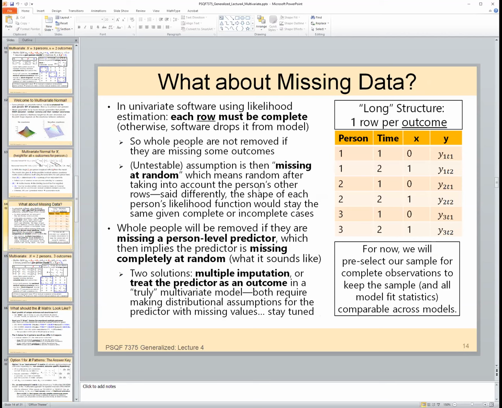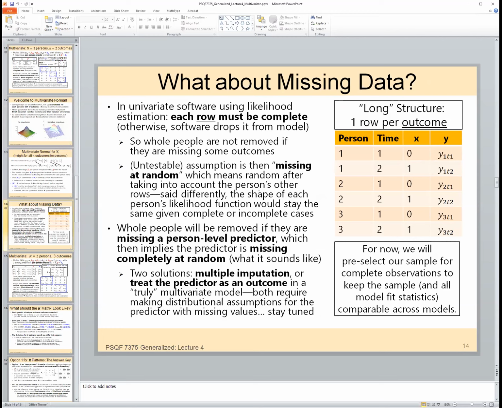We're assuming that anything that's missing is missing at random. That phrase does not mean what it sounds like. What missing at random means is conditionally random, meaning there is a reason why the observation is missing, like if it's high, it's more likely to be missing or something like that. It's that we know what the reason is based on the information that we have about the person.